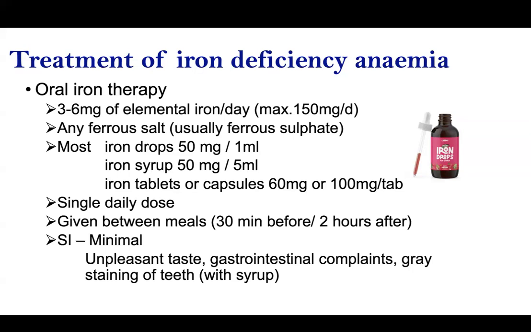You don't give it after meals; give it 30 minutes before, or 2 hours after if you really want to give it after meals, to improve absorption. Iron is well tolerated by children with minimal side effects, but there can be an unpleasant taste and gastrointestinal complaints. So treating iron deficiency anemia once diagnosed is easy.